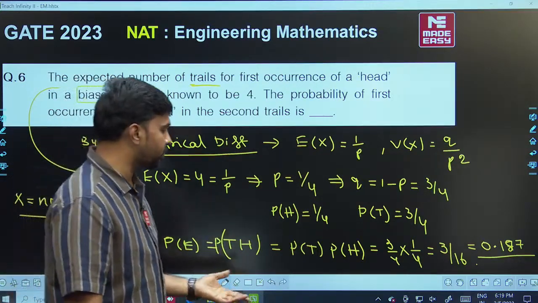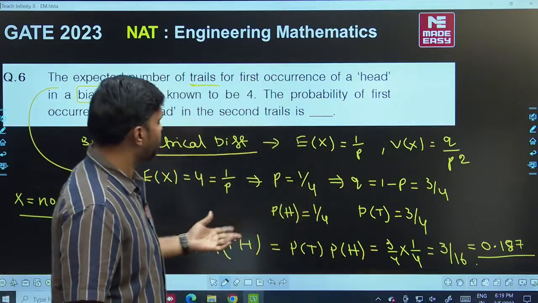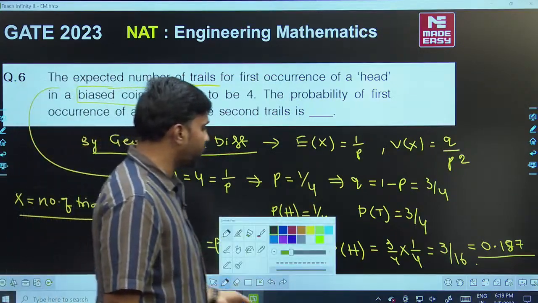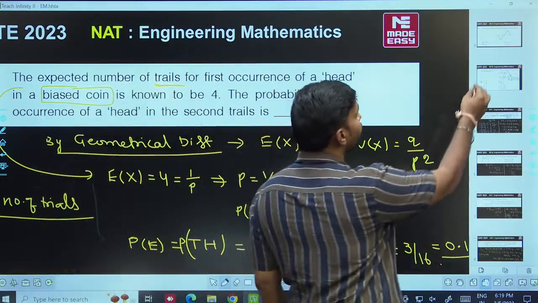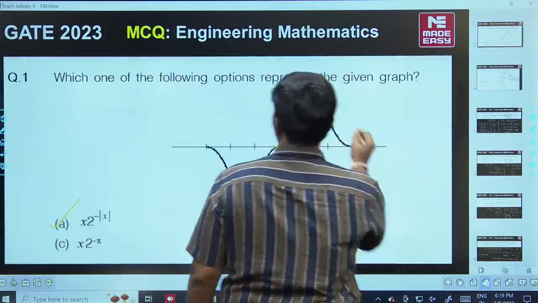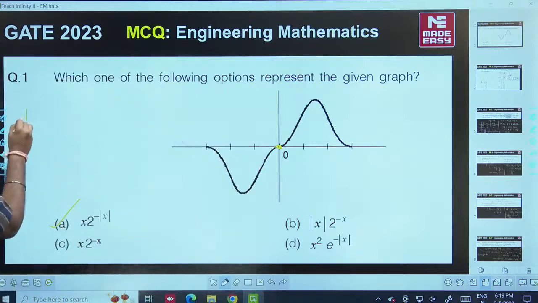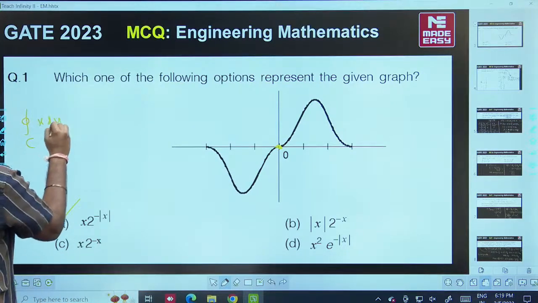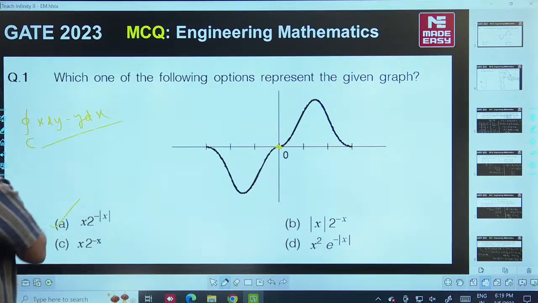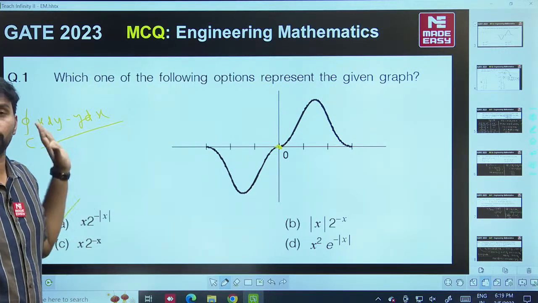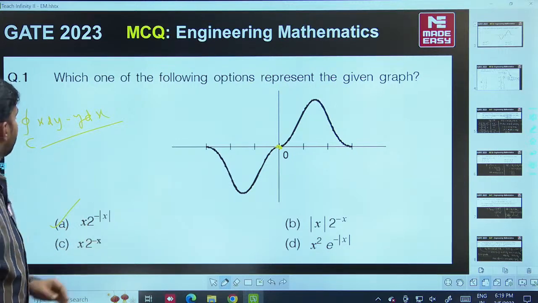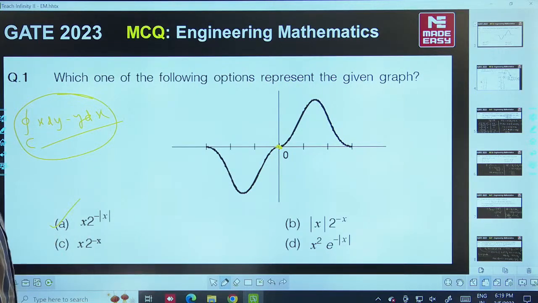There is one more question, but the data is not properly given here, though I can say something about it. Suppose there is one question given, integral of x dy minus y dx. Complete data is not there, so I am saying that. Those who have attended my class, it is very clear, there is a shortcut for this integral.